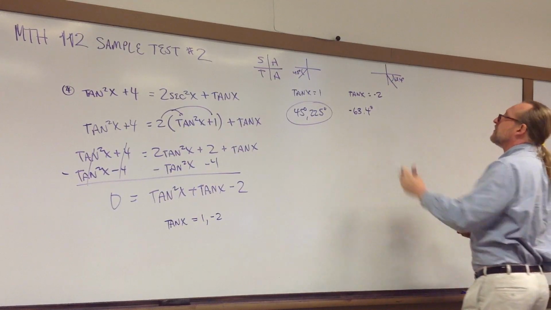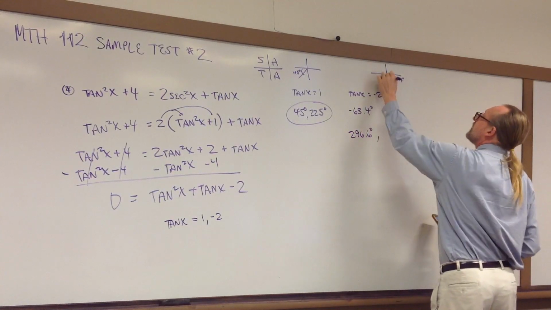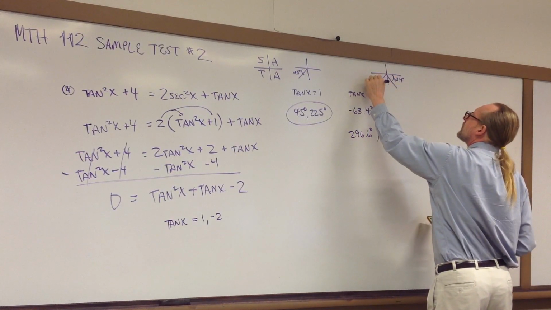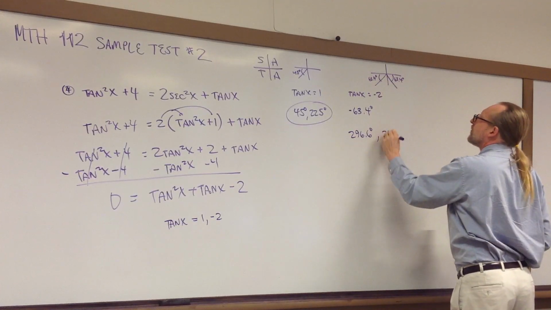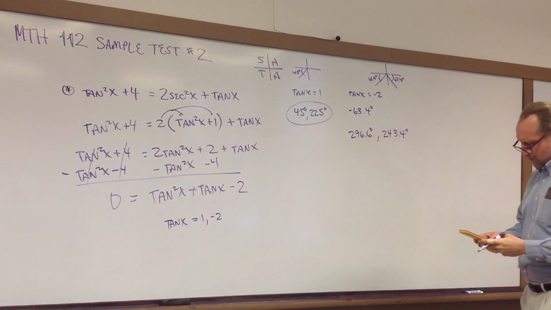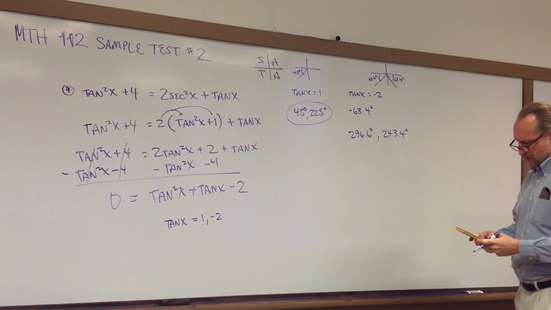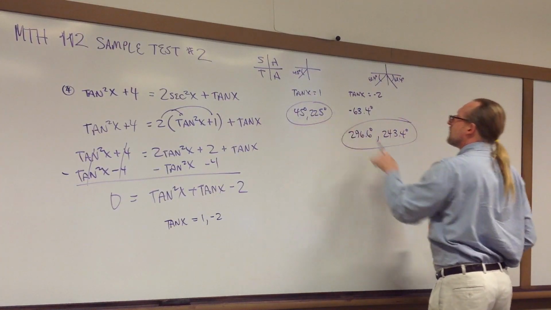And so that should be 296.6. And then there's also an angle in the third quadrant. Let's see, 180 plus 63.4 should be 243.4, I believe. Yeah.